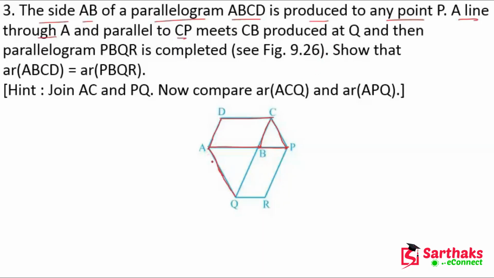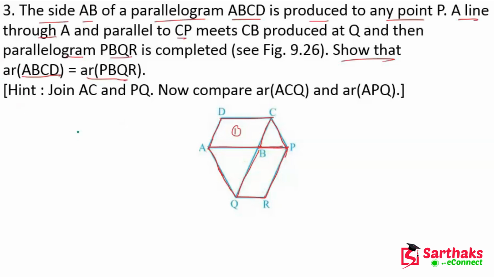So AQ is parallel to CP. Then parallelogram PBQR, means this parallelogram, is completed. Now show that area of parallelogram ABCD, means this part, is equal to the area of parallelogram PBQR.